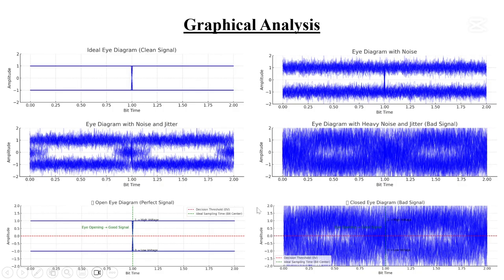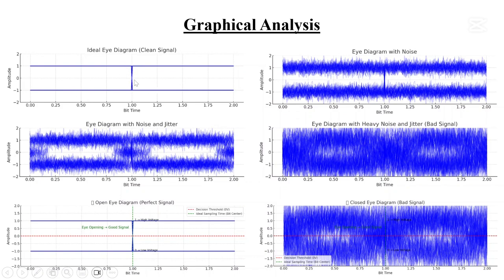Now let's analyze some graphs so that we can understand what it actually looks like on an oscilloscope. This is the ideal eye diagram. When we have a pure, clean, clear signal, our eye diagram will look like this.